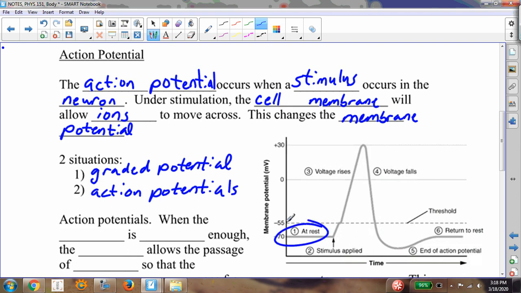Remember, the resting potential is usually at about minus 70 millivolts. That the inside of the cell membrane is slightly negative, about 70 millivolts.